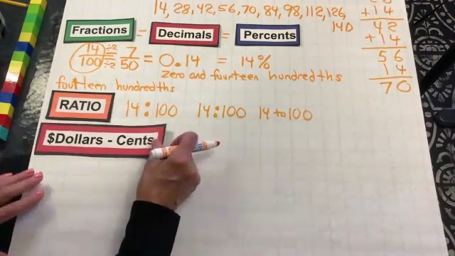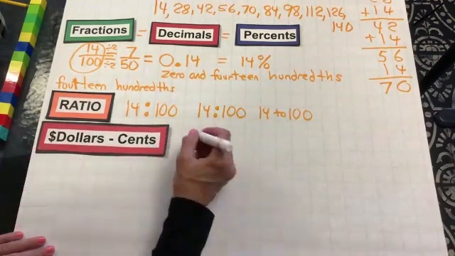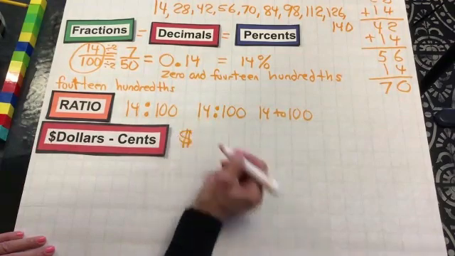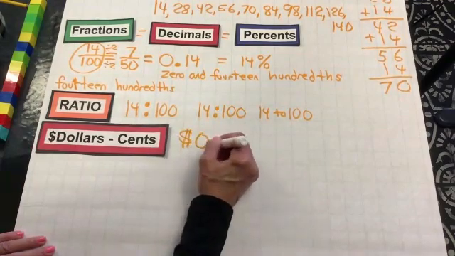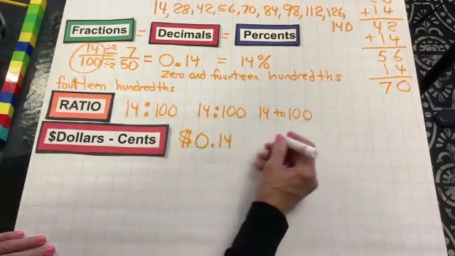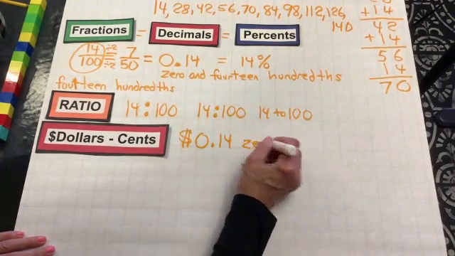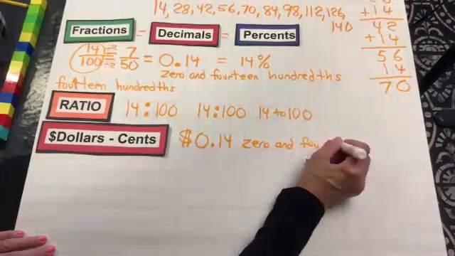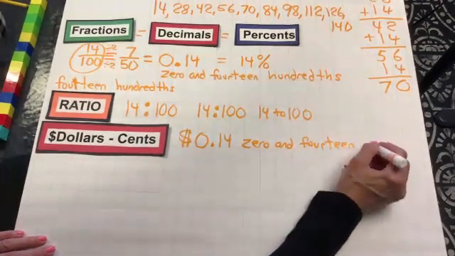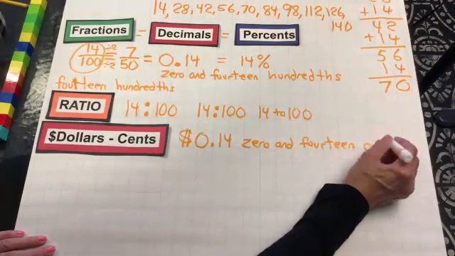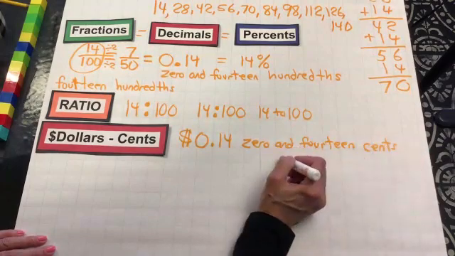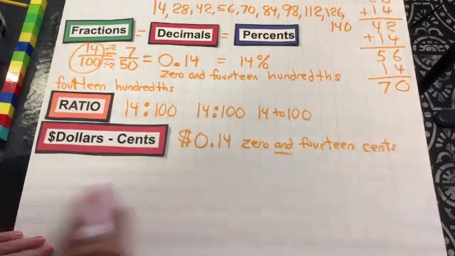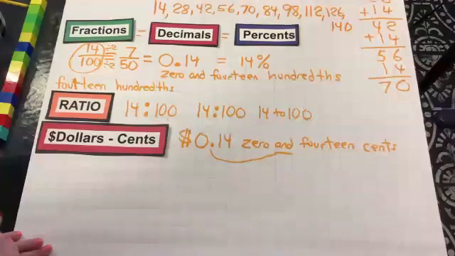All right. Our dollars for this would be our dollar symbol, 0 and 14 cents. So that would be 0 and 14 cents. And again, even with numbers, even with money, we have the and for our decimal always.